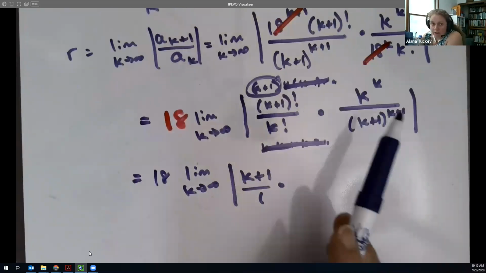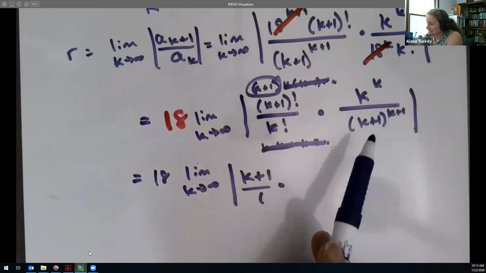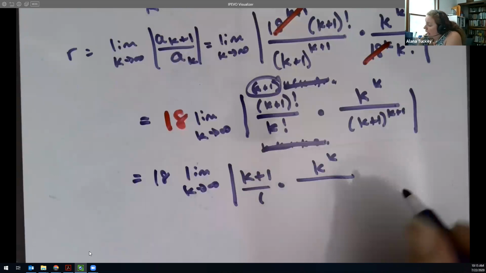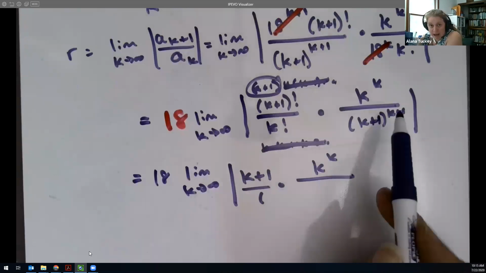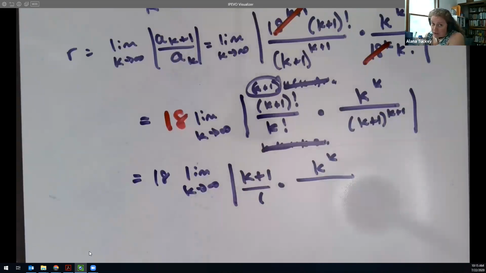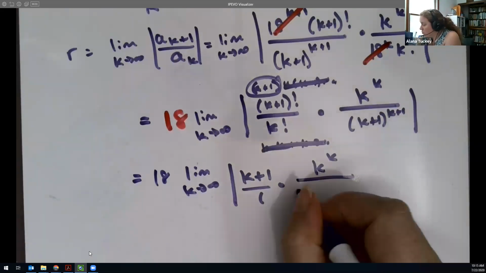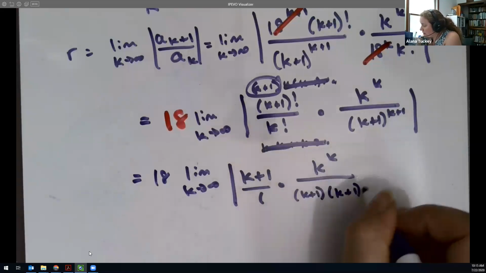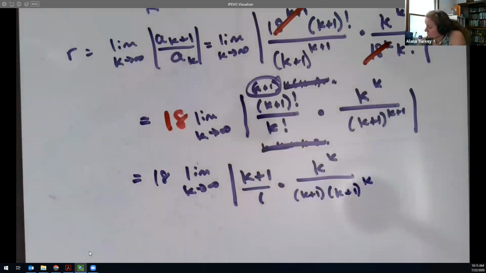Times, you can't avoid the mess that this is going to make. So this is k to the k over. Now, I would like it if it was a k power, because then I can do what I just did on the previous problem and make it one fraction. So k plus 1 to the k plus 1 is really k plus 1 times k plus 1 to the k, isn't it?